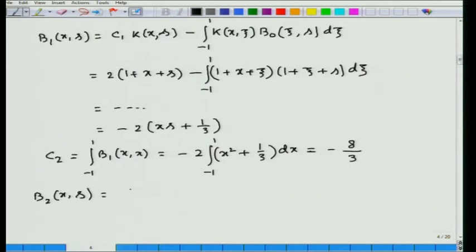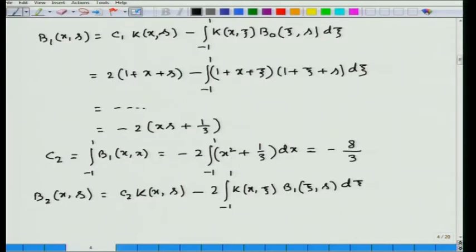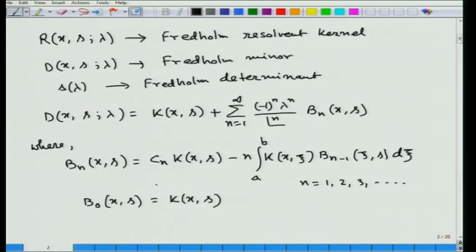B2(x, s) is equal to C2 k(x, s) minus 2 times the integral from -1 to +1 of k(x, ξ) multiplied with B1(ξ, s) dξ. This is the expression. You can recall we have already defined this formula for Bn.